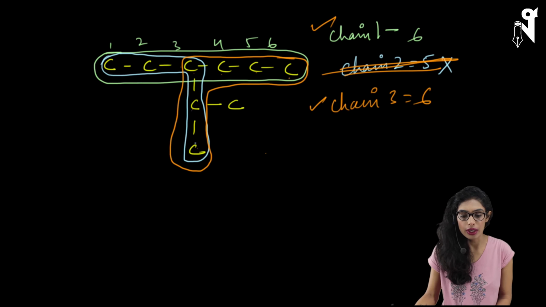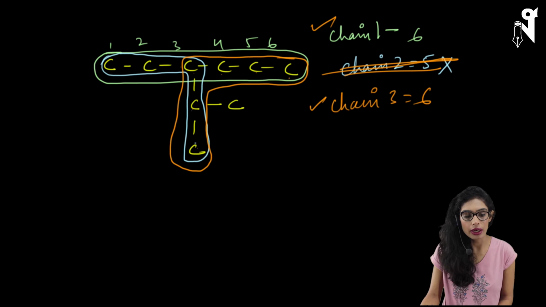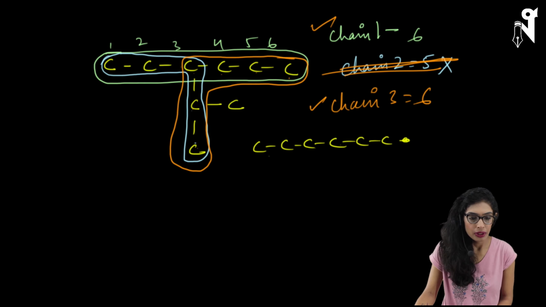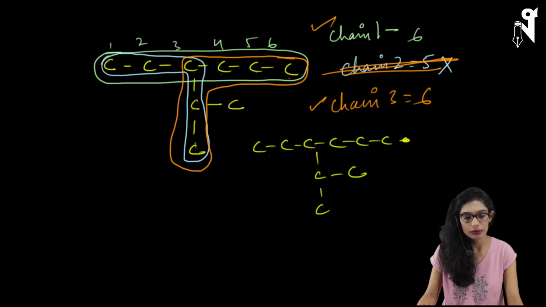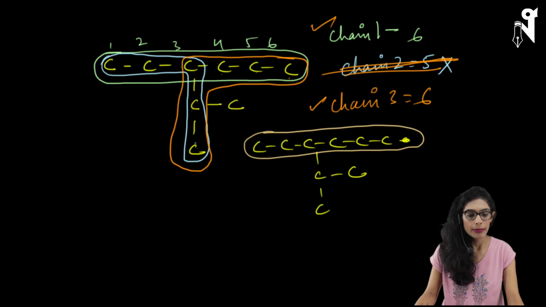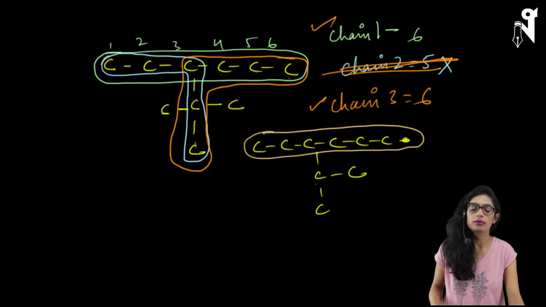Let me rewrite the chain again because it is quite clumsy where I have already written, because I have marked the chains here. One, two, three, four, five, six, and then one, two, and three. Let me make a small change in this chain, then it will be easier for us to understand, because the example would be perfect only when I have one more carbon in it. So I've added one more carbon.